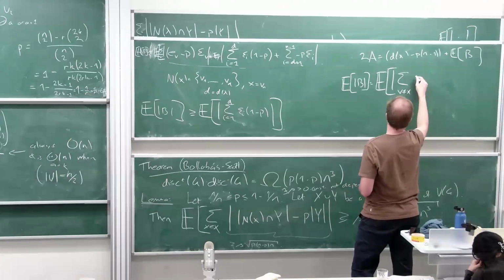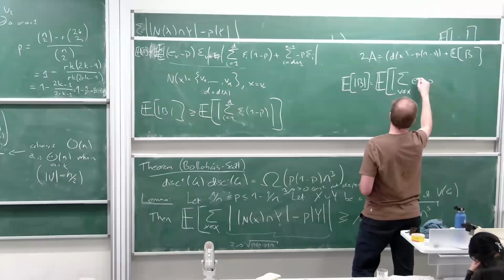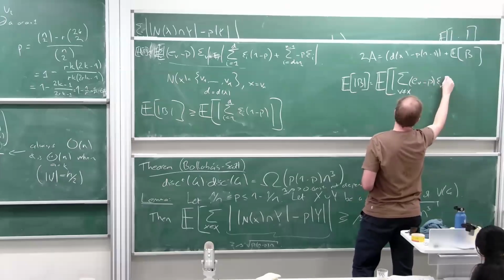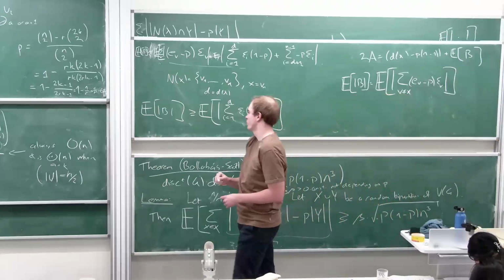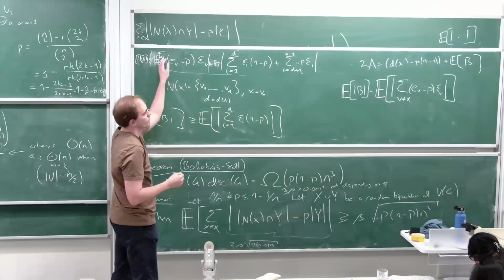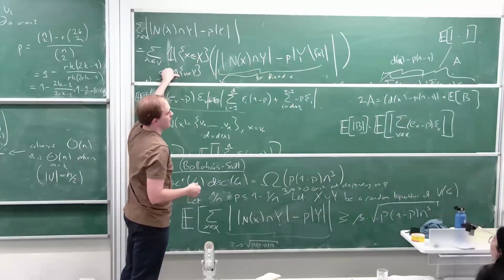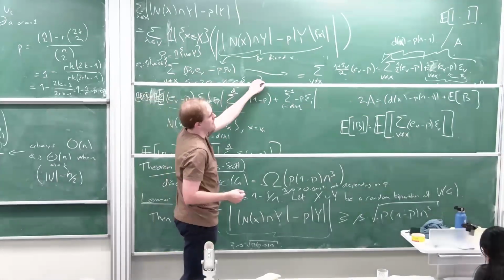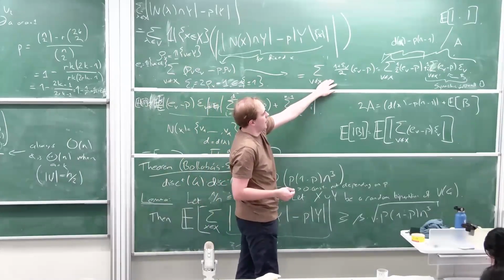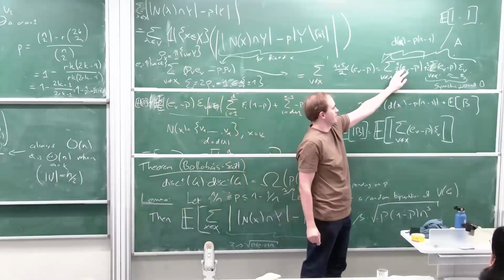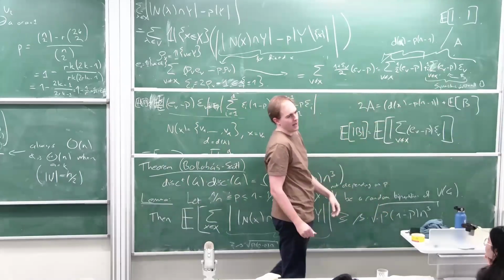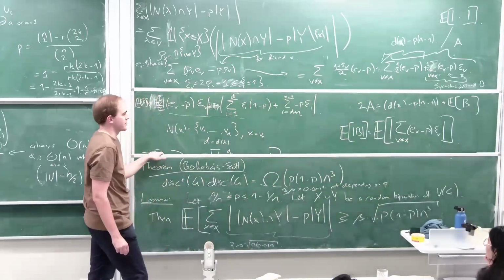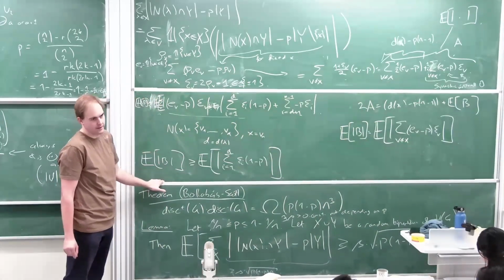It's the second sum multiplied by 2. So remember, our expectation split into two of these sums. Here we have the degree deviation, and here we have the rest. And now we are trying to prove that the expectation of the rest is large, provided that D is large.